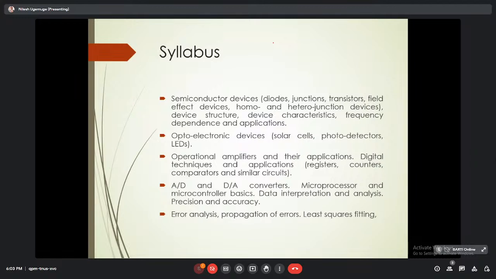Then we shifted from the diode to the transistor, and saw how transistors are important in amplification and other applications like a buffer, and how to operate the transistor as a switch. All these things we discussed in today's session.